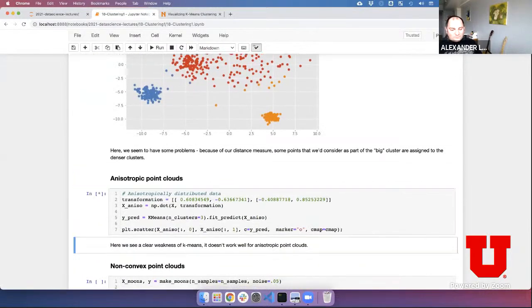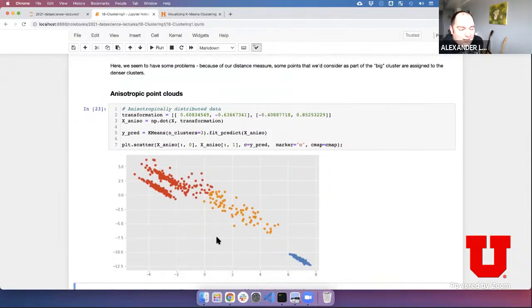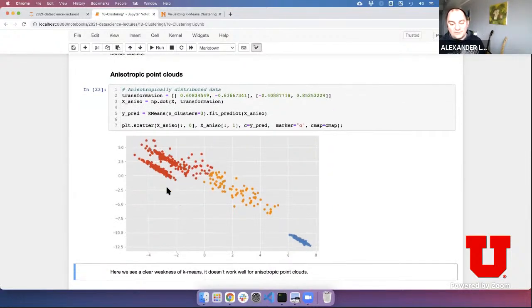If we have anisotropic point clouds like this that are squeezed, k-means for the same reasons simply doesn't perform well, right? As a human, we could probably spot that this here is a cluster. You could consider this as a cluster and this as a separate cluster, or one big cluster here and this is a cluster. But k-means doesn't understand that.